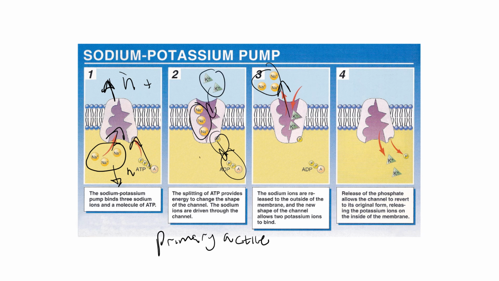Potassium is coming into the integral protein, and ultimately potassium is getting kicked in. Again, potassium is moving from a low concentration outside to a high concentration inside. And in both cases, this integral protein has utilized the breakdown, the hydrolysis of ATP as the energy that it needs to move these ions from a low to a high concentration. Okay, so that's primary active transport.